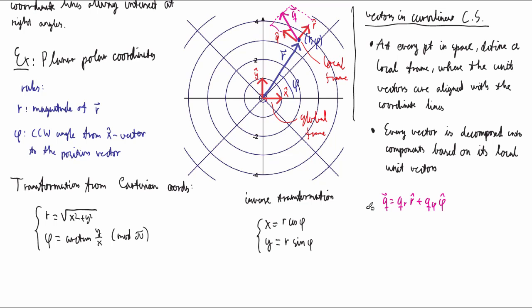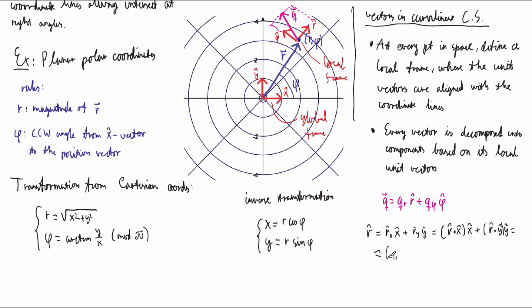So I'm going to now decompose r hat and phi hat onto x and y. So we know that r hat is going to consist of some x component in the x hat direction, r hat_x, plus r hat_y in the y component, in the y hat direction. That just comes down to taking the projection of r hat onto x hat with the scalar product, and the same thing in the y direction.